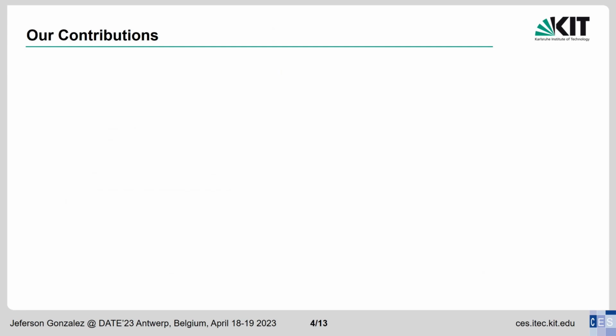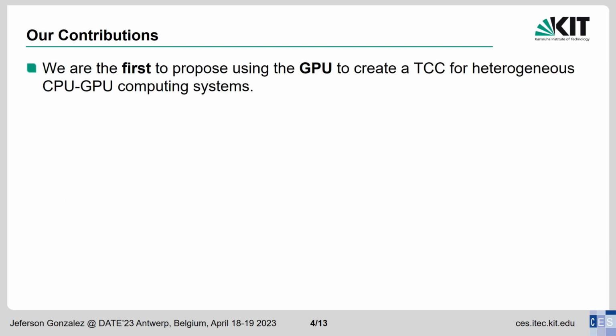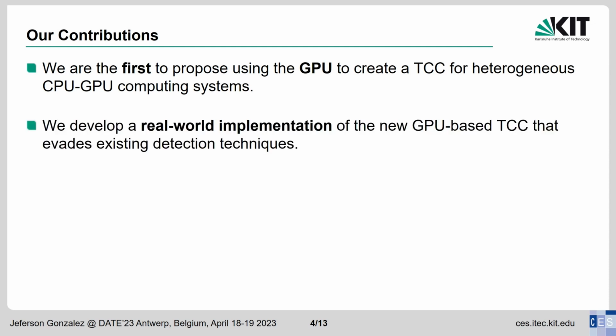Our contributions for this paper are the following. We are the first to propose using the GPU to create a thermal covert channel for heterogeneous CPU-GPU computing systems. We develop a real-world implementation of the new GPU-based thermal covert channel that evades existing detection techniques in the state-of-the-art by exploiting a previously unconsidered computing resource.